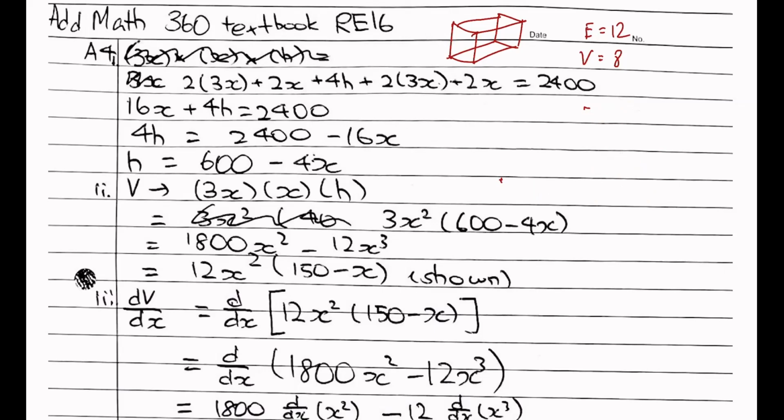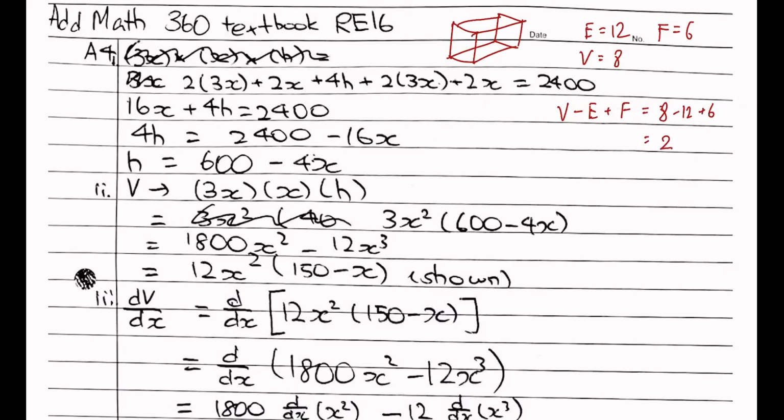What is V minus E plus F? 8 minus 12 plus 6. 2. Very interesting.